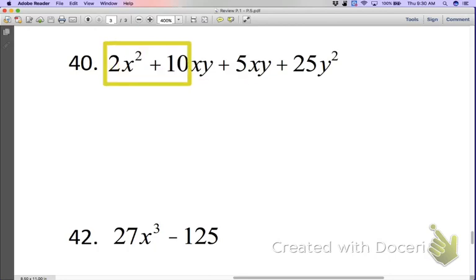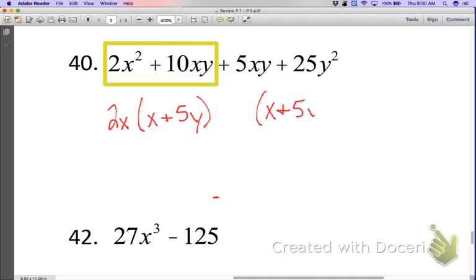And what can we factor out of the first two terms? 2x. So if I factor out a 2x, I'm left with x plus 5y. Now, remember, if I'm doing it by grouping, then I need to have an x plus 5y here.